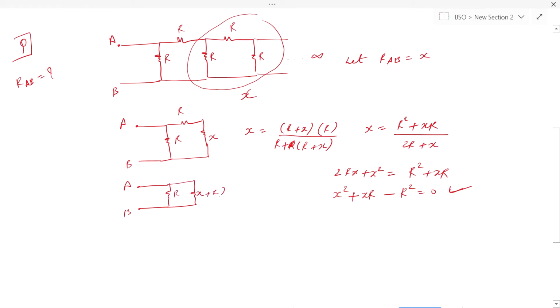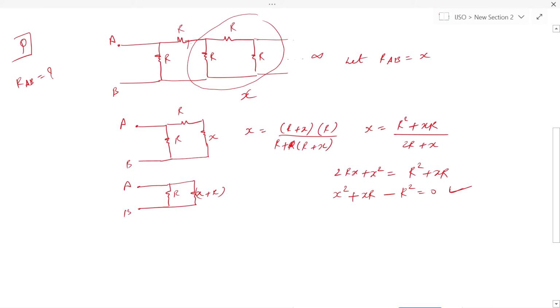This will be in series, no? How? Because I've considered this whole thing. If I remove this part from infinity, X, it won't affect the resistance, no? So you took that R. Yes, so from here it would be X. Yeah, understood.